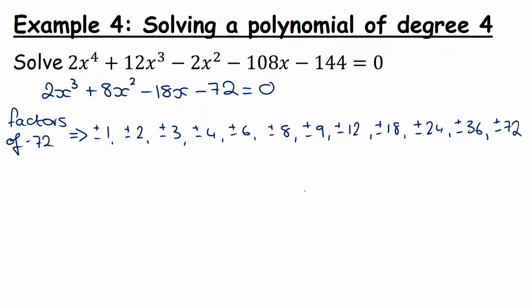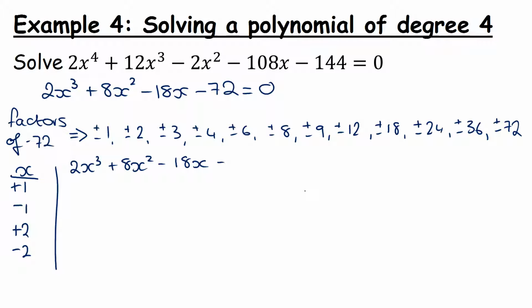Just like in the previous part, we should get this within the first few sets. So let's look at when x is plus 1, minus 1, plus 2, and minus 2. What we're going to fill in is the 2x cubed plus 8x squared minus 18x minus 72, and then we're going to find what its value is and whether it is a root.